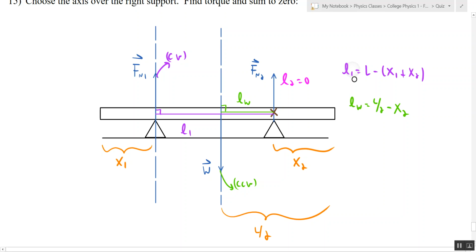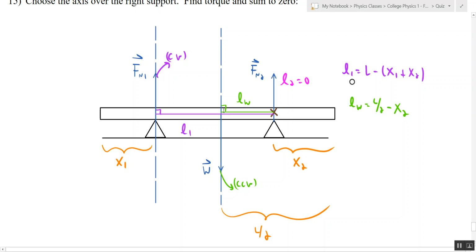Minus Fn1 times L1. And then the torque from the weight: here's the line of action for the weight. Here's the moment arm from the weight, it goes from the axis to the line of action. So it's this line here from here to the middle of the board. So LW is half the length of the board minus this distance here.